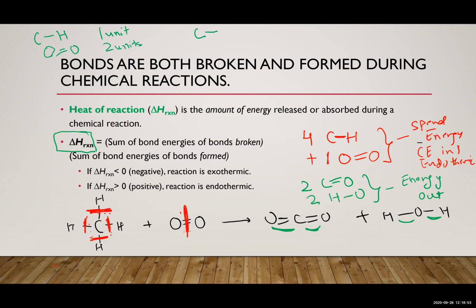Carbon and oxygen, maybe again 2 units. I'm just giving some random numbers, okay? These are not true numbers. Hydrogen and oxygen, let's say this is also 1 unit. The equation is not balanced, by the way.